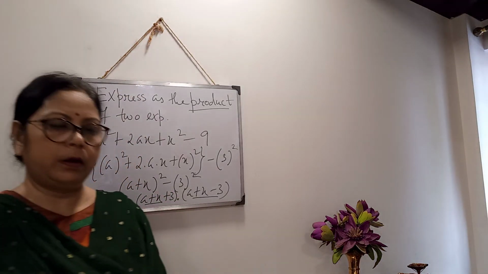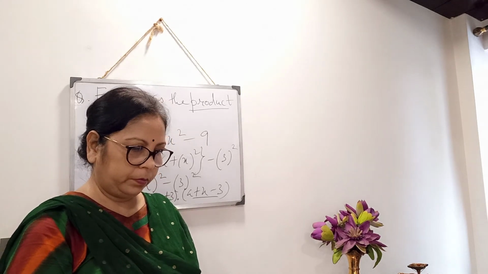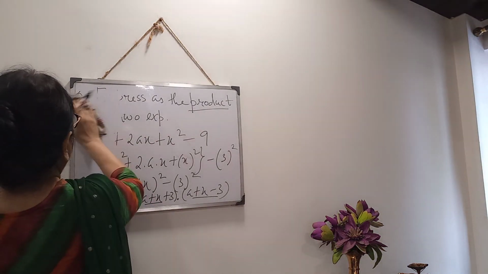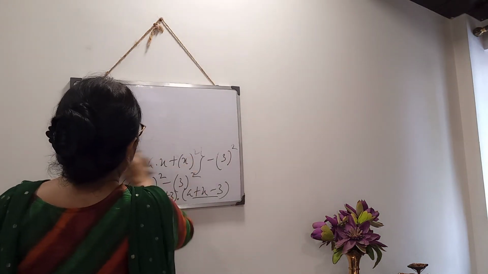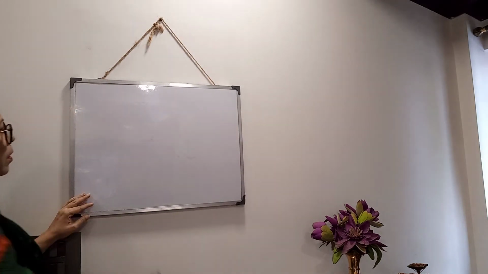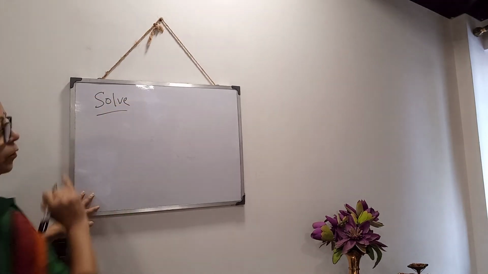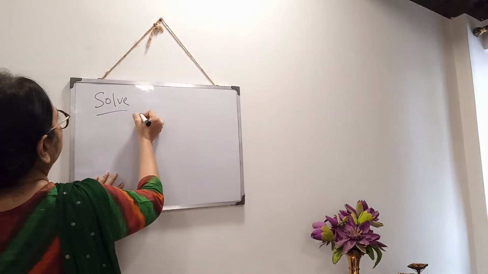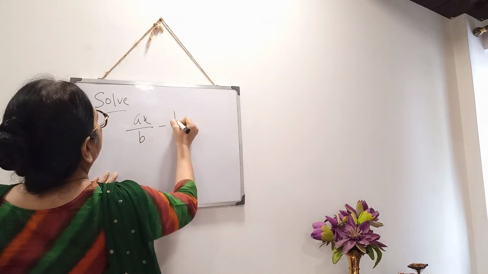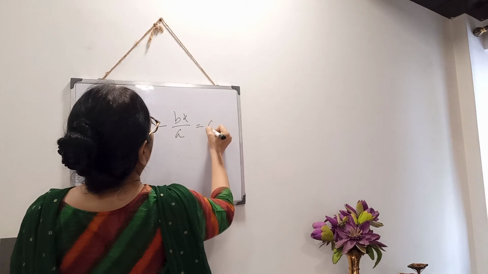Everything we have completed. Now you will see the previous videos. Once I am showing, if the sum is coming in this form: solve x by b minus bx by a equals to a square minus b square.